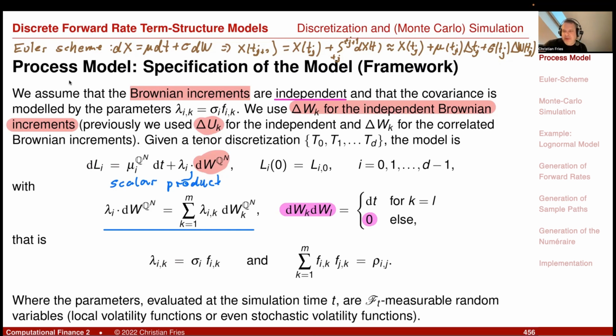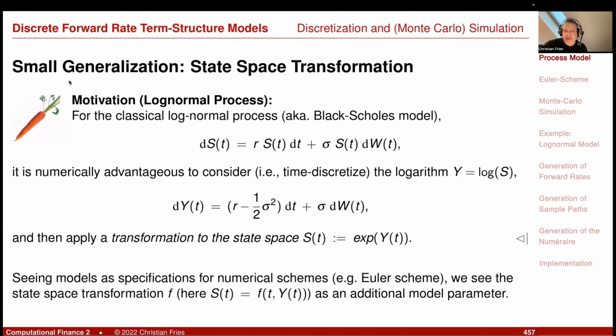So making the coefficients as constant as possible reduces this time discretization error. Sometimes you can make these coefficients more constant, or even constant, if you move to another coordinate. The Black-Scholes model is a good example.